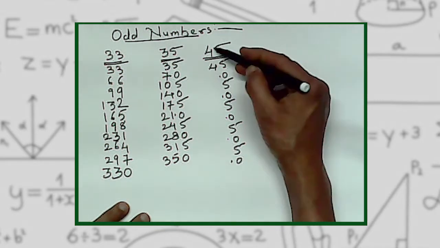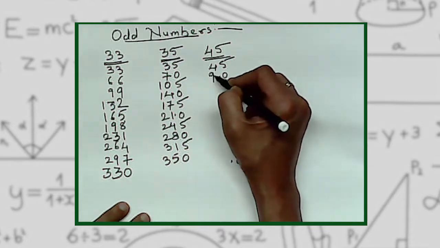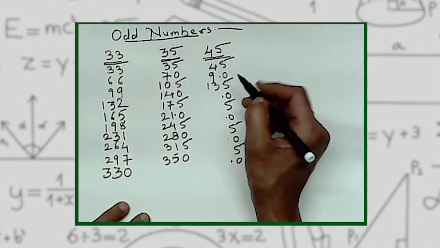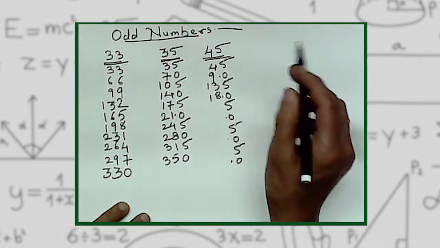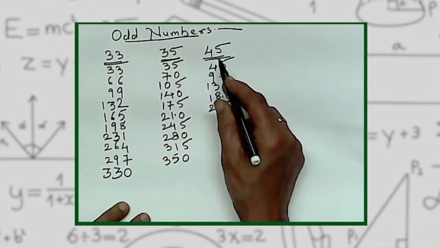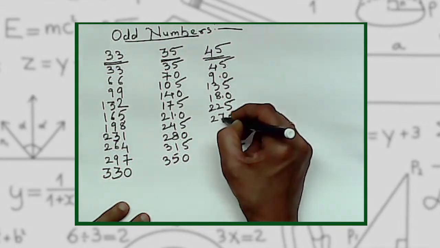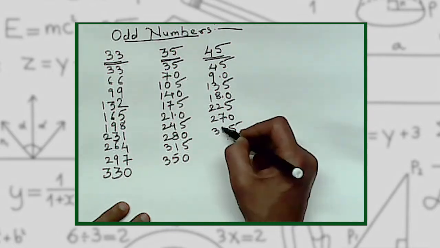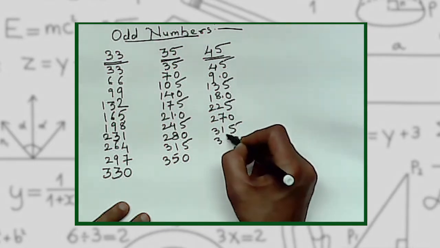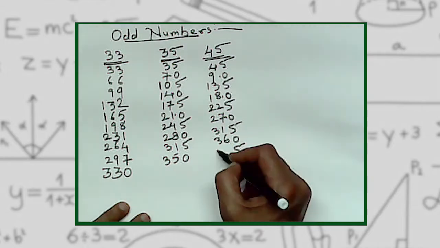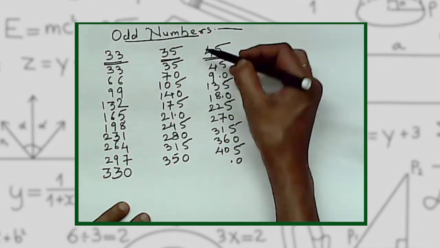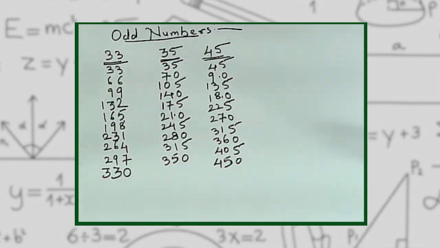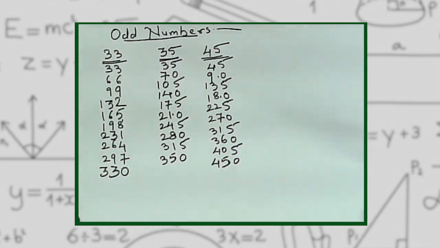Now left hand side: 4 plus 4, 8 plus 1, 9. 9 plus 4, 13. 13 plus 4, 17 and this point, 18. 18 plus 4, 22. 22 plus 4, 26 and .27. 27 plus 4, 31. 31 plus 4, 35 and this point, 36. 36 plus 4, 40. 40 plus 4, 44 and this point, 45. We have finished our table within some seconds only.